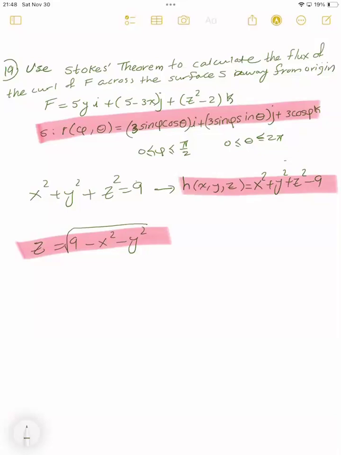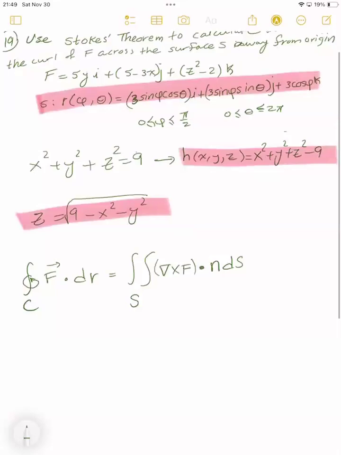If I want to use the curl, it says that either you can just go over the boundary of the surface C, or you can just go over the surface S of the curl of F. That's how you find the curl of F. Then take its dot product with N. So we have to find N, and then we have to find dS.